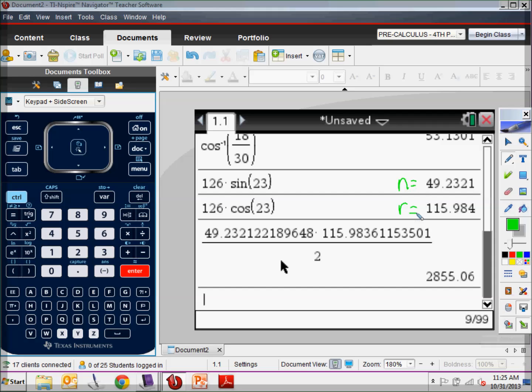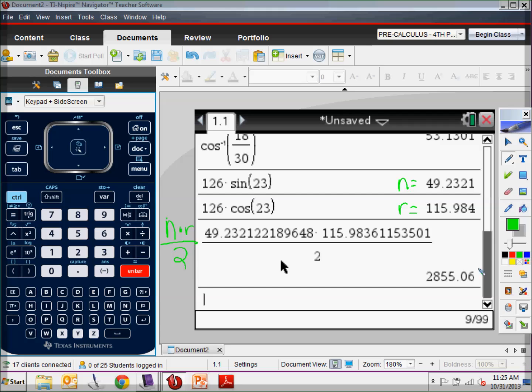And the area is base times height, and we said that the formula would be N times R divided by 2. So all I did in the calculator is take what N was, times it by R, and divide it by 2.